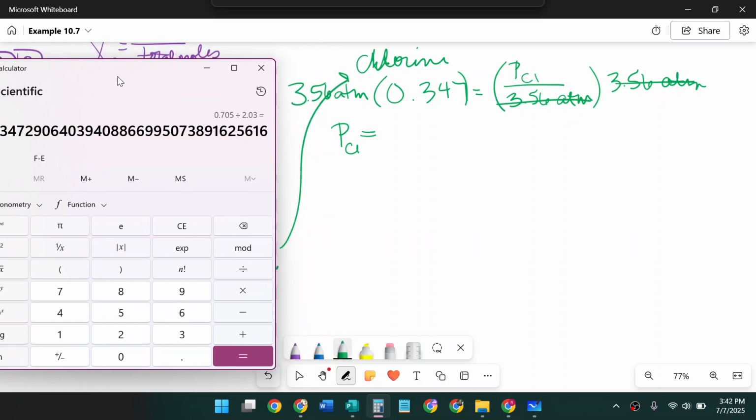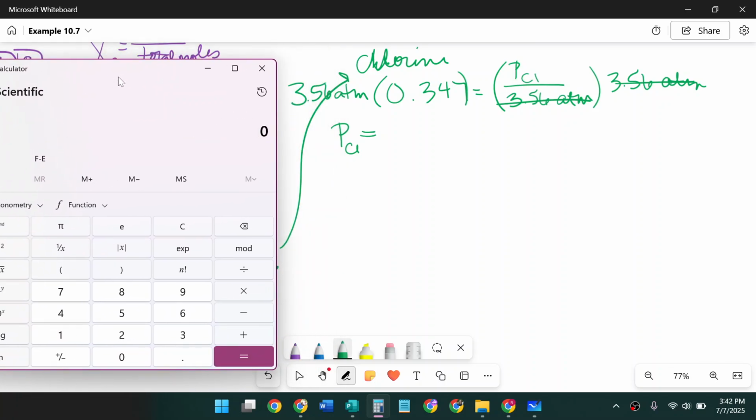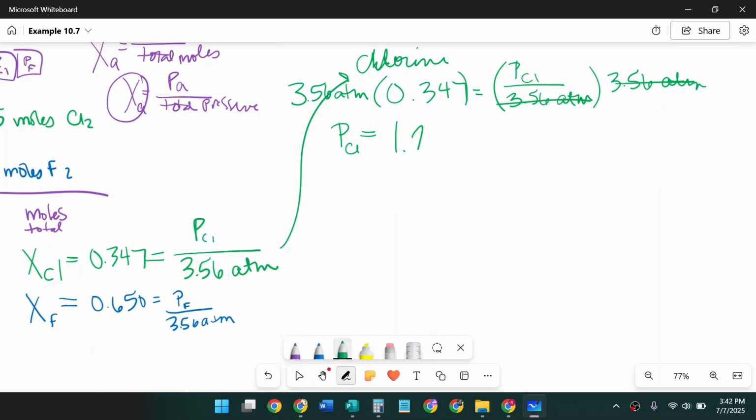I just think it looks better that way. All right, so 3.56 times 0.347. Both of our numbers had 3 significant figures, so we can keep 3 significant figures: 1.24. And the only unit we have in this problem is atm, so that's what we're going to put in.